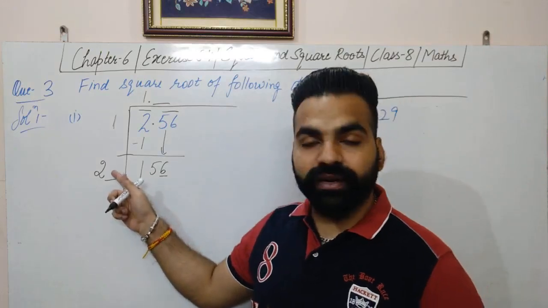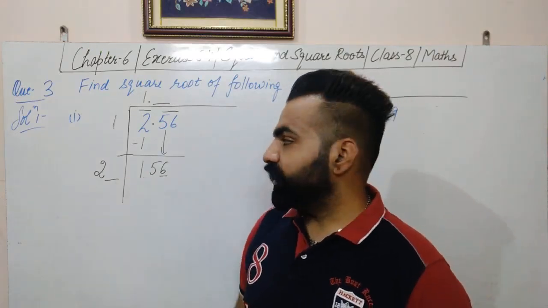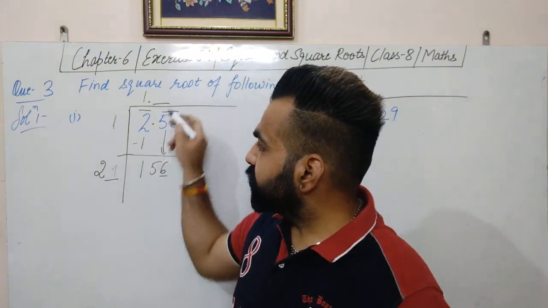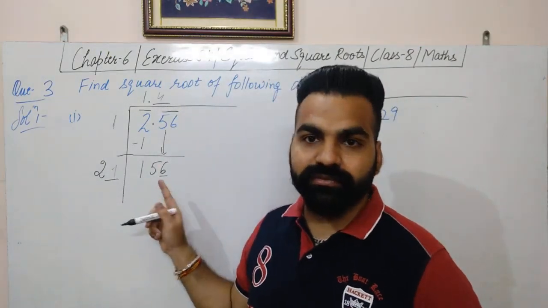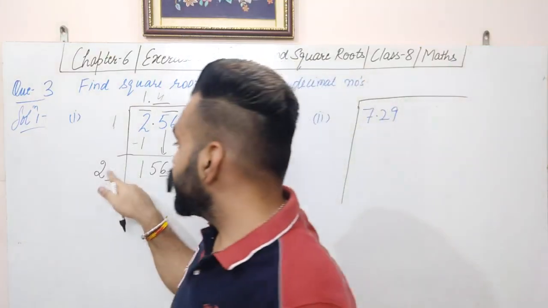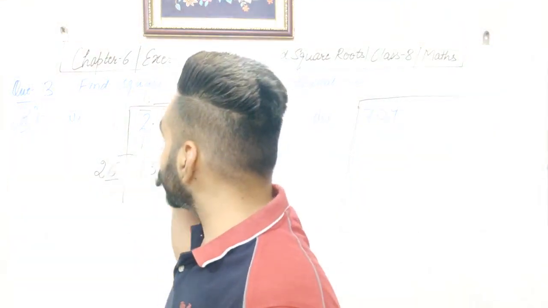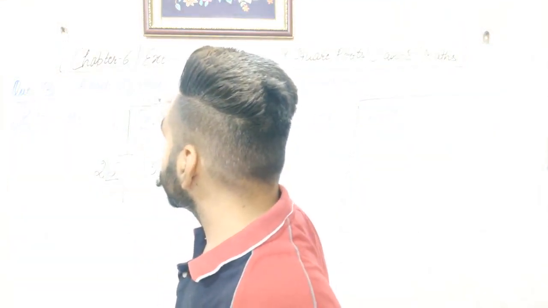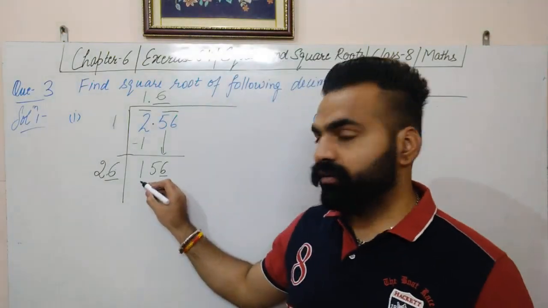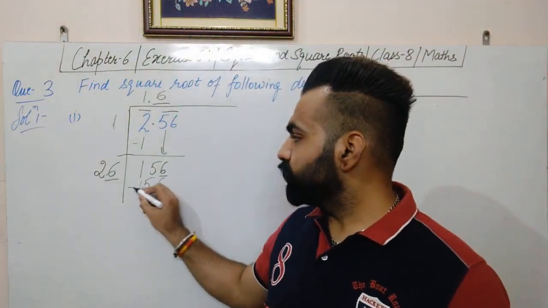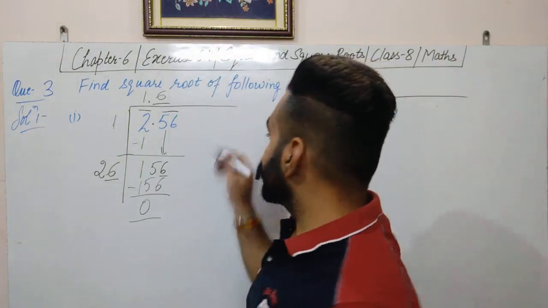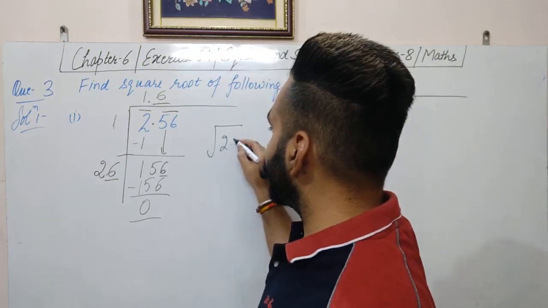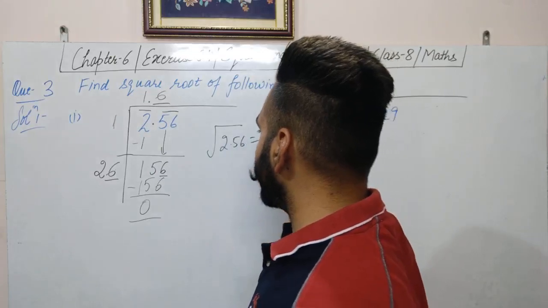If we take 24 here, then the digit here will be 4 also. So 24 into 4 is 96, which is much less than 156. So we will check 26 into 6. 26 into 6 is 156. We will subtract this and the remainder is 0. So the square root of 2.56 is 1.6.